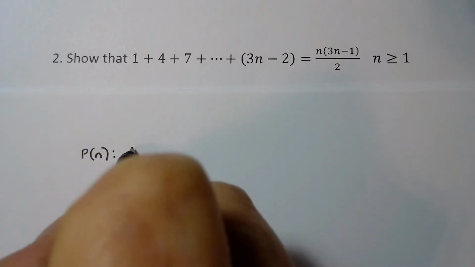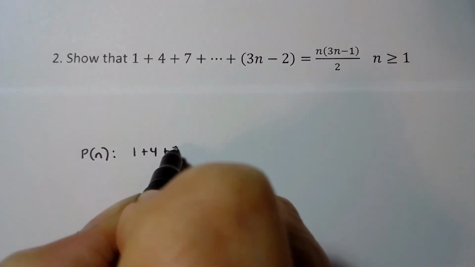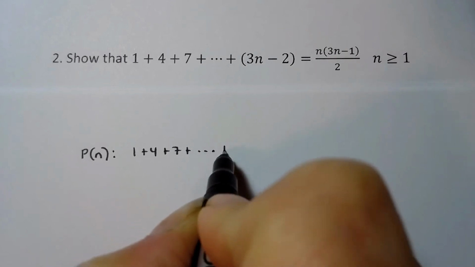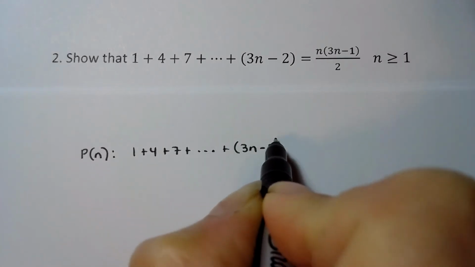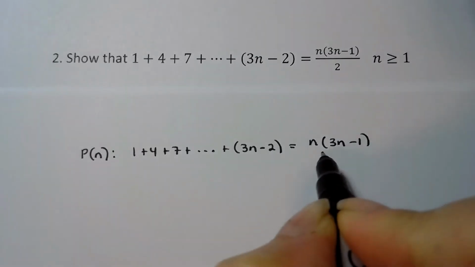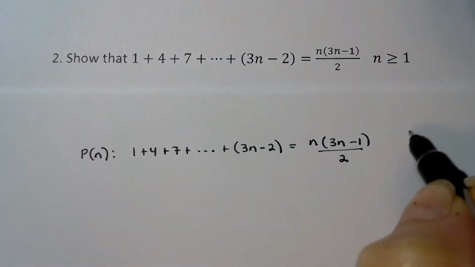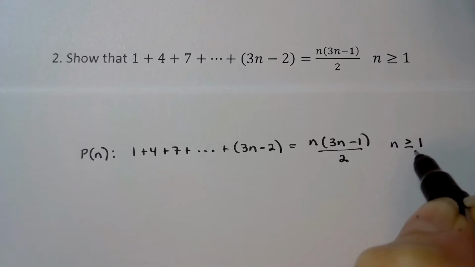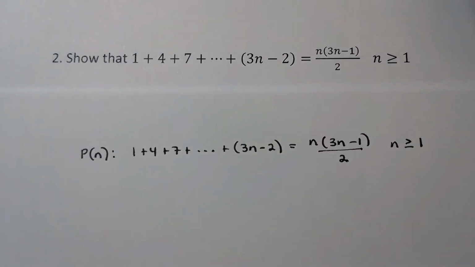My statement is 1 plus 4 plus 7 plus dot dot dot. I'm just rewriting it, it's a little tedious. I don't want to lose that either, because generally that information is going to go back into your hence or your concluding statement.